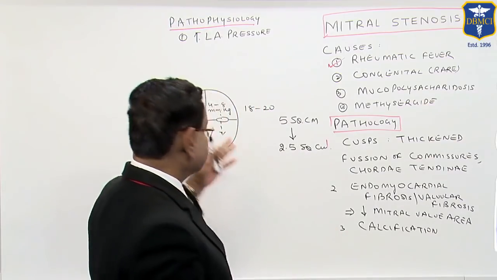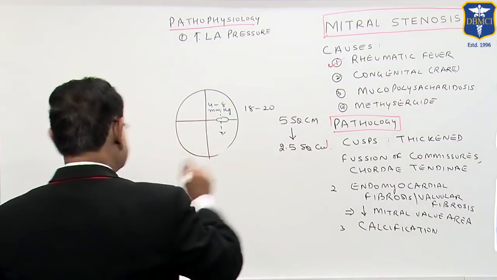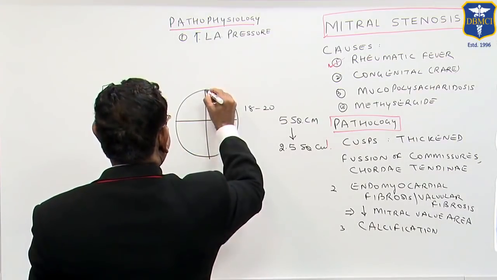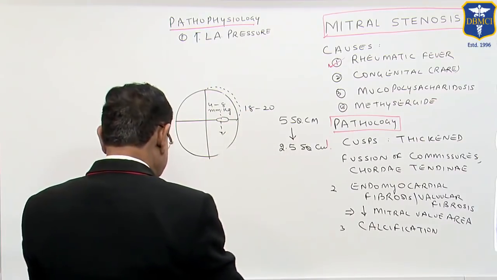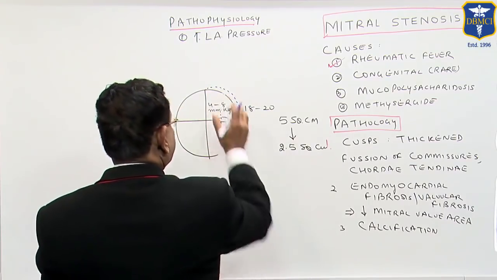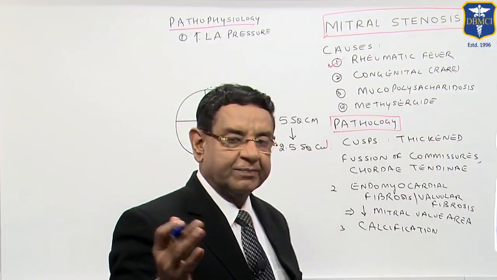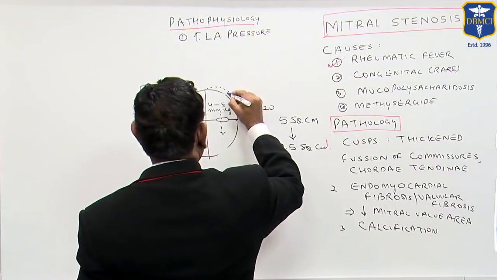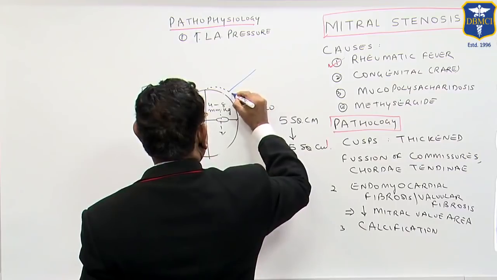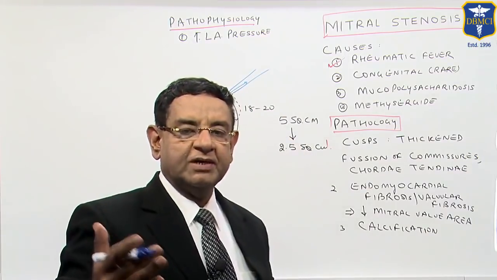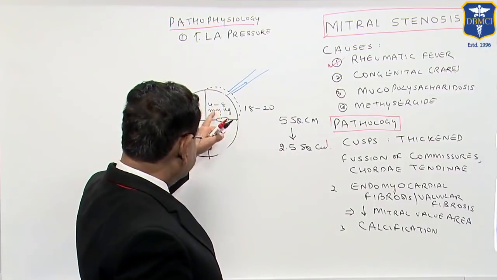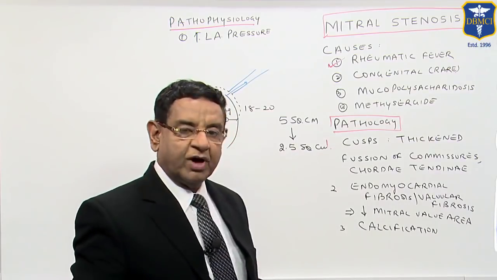So LA will expand like a balloon, anatomically it will increase in size, and physiologically, as it cannot accommodate much blood, blood starts entering into the pulmonary vein. Back pressure starts because it cannot accommodate much blood and blood is not going forward.